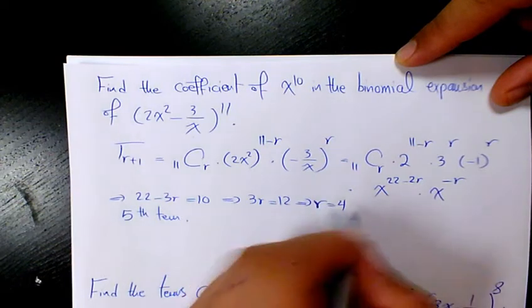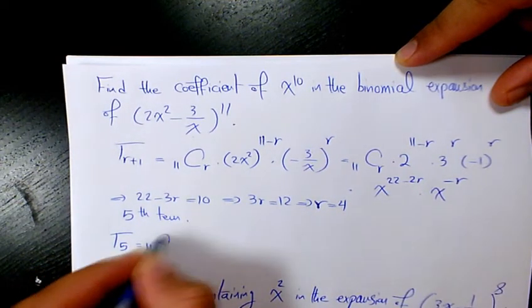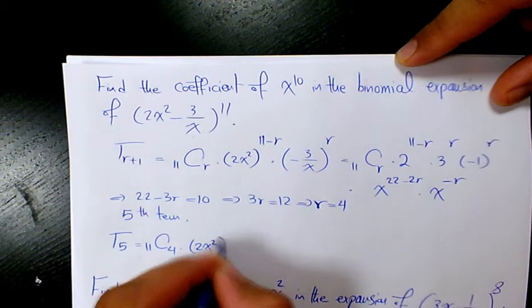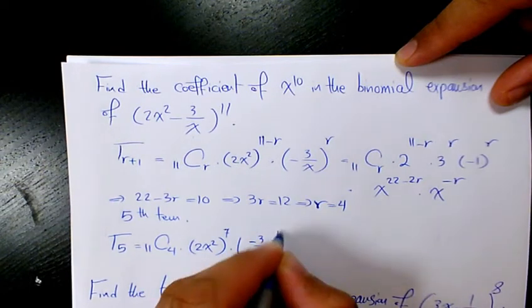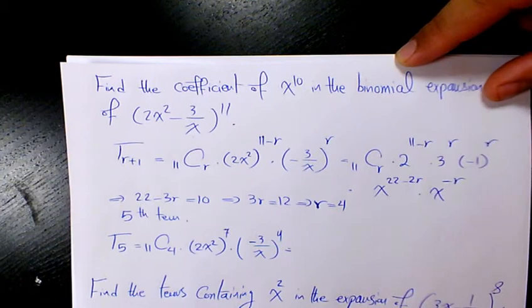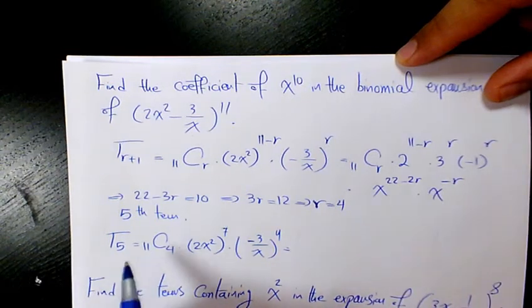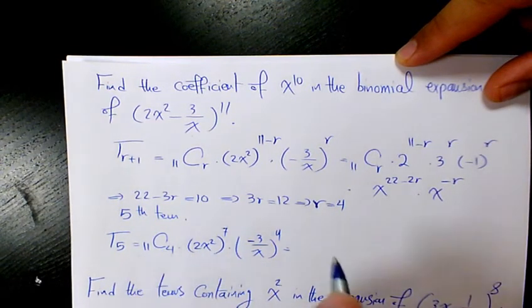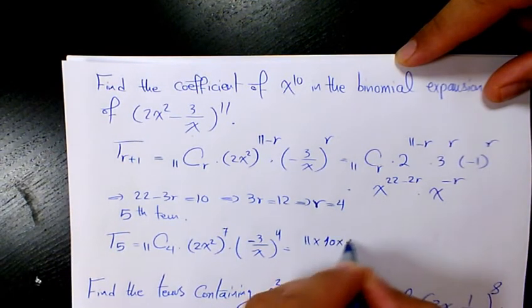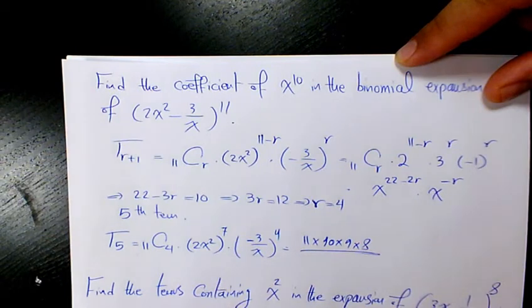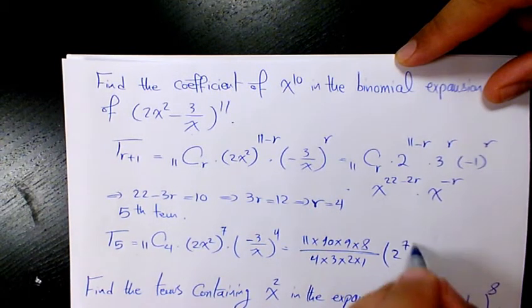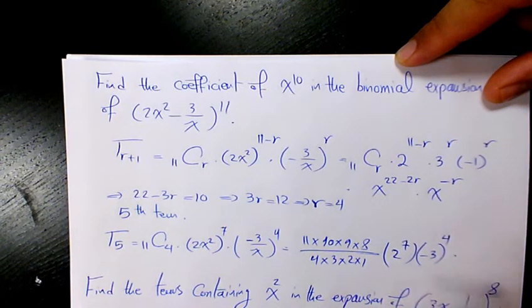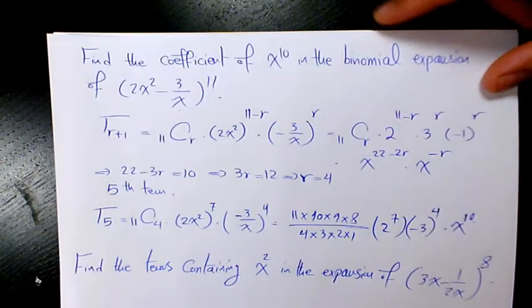So we sub it there. R is 4, so T5 is 11C4 (2x squared)^(11−4), which is 7, (−3/x)^4. That's 11 factorial divided by 4 factorial divided by 7 factorial, so it's 11 times 10 times 9 times 8 divided by 4 times 3 times 2 times 1, 2^7, (−3)^4, x^10.